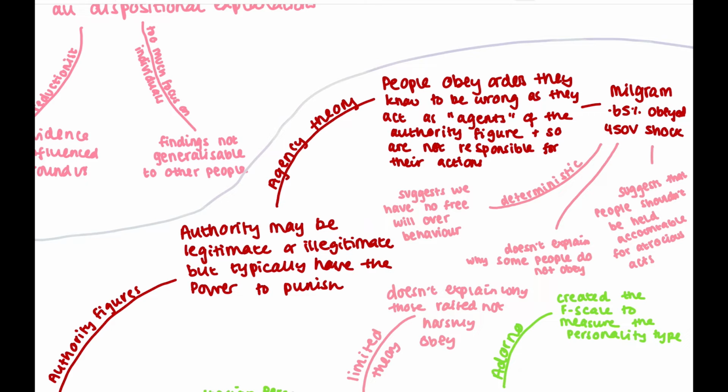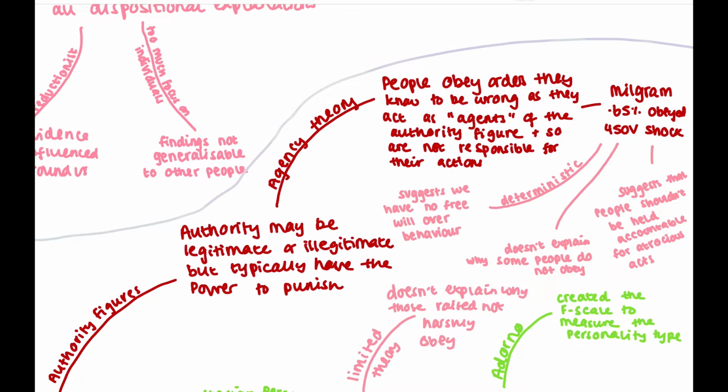The participants knew that this was a fatal level of shock. It was clearly labelled on the machine, yet 65% of them still gave that shock. Milgram said this was because of agency theory. They were just obeying the order from the experimenter. He was giving them prompts to continue, and so they obeyed because of this.